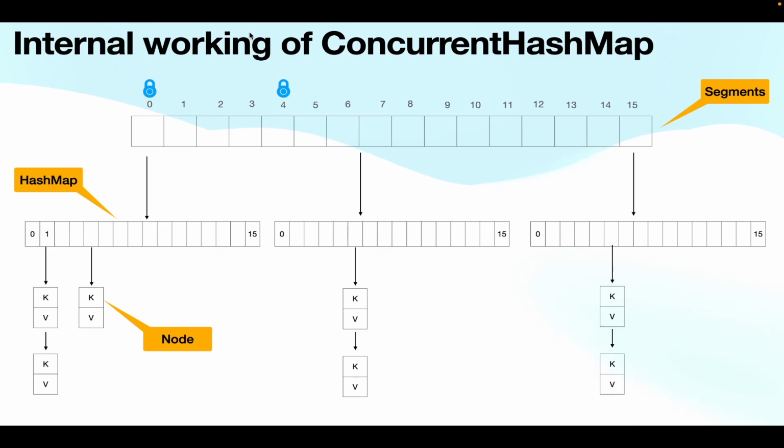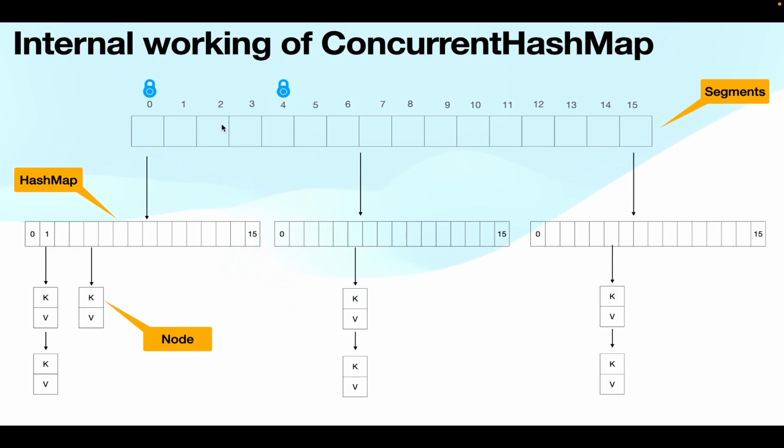So what I'm trying to say here is that it is defined as segments, and each segment has a hash map. Suppose we have 3 threads and thread 1 wants to update a value at index 0. What happens is the lock is acquired only on segment 0 instead of the entire map.